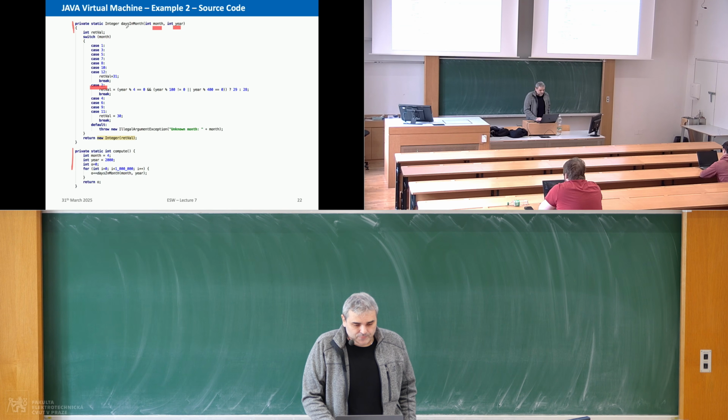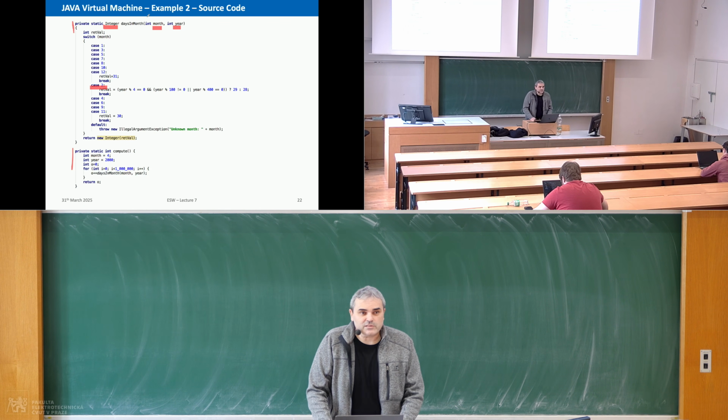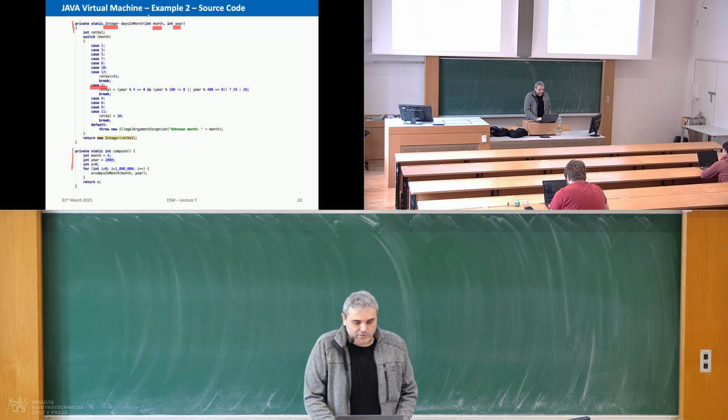What is important here is that this method returns Integer with a capital I, which is the object-based integer. That's crucial for our further demonstration of this code. Usually this should be a primitive int, but to demonstrate some optimization techniques used inside the virtual machine, an object-based Integer is intentionally inserted here.